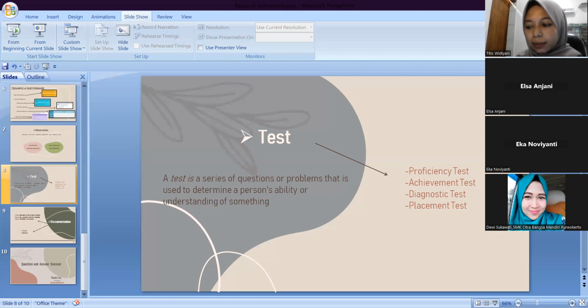It is to determine specific knowledge and propose the appropriate class. For example, if students want to join some class, they should take a placement test to determine the appropriate class for each student.